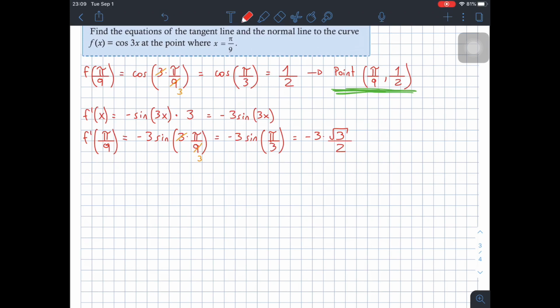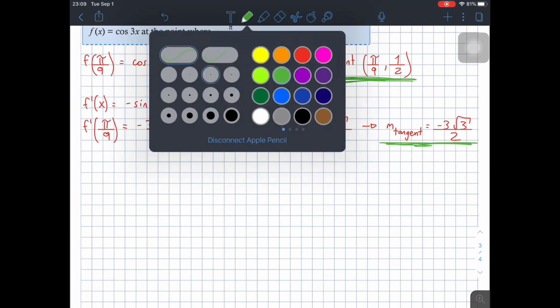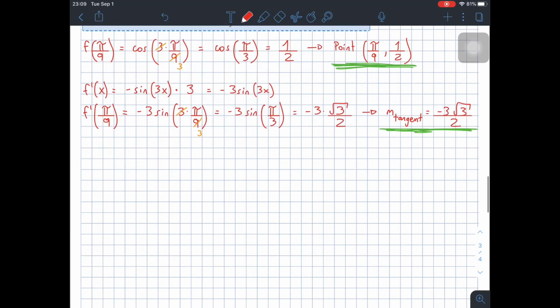That means that the value m tangent, the slope of the tangent, is negative 3 square root of 3 over 2. That's the slope of the tangent line for this case. So this is another important piece of information to solve this exercise. Okay, so if we have the slope of the tangent, we can also calculate the slope of the normal.